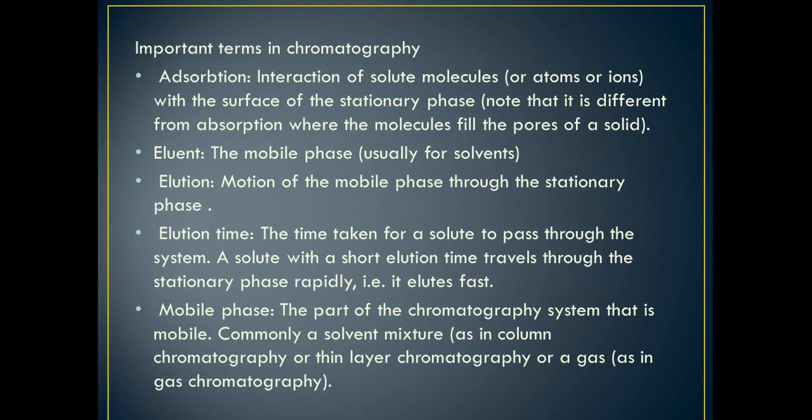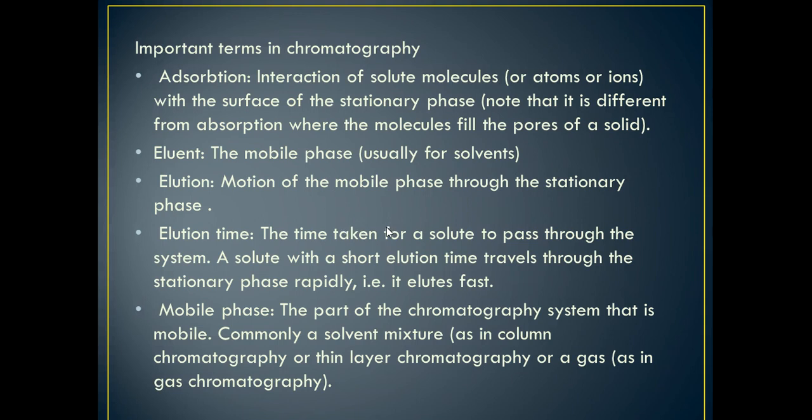Therefore, we form the mobile phase, and that solvent that we use and the mobile phase that we form is known as the eluent. Then elution. Elution is basically the motion of the mobile phase through the stationary phase. During chromatography, as the mobile phase moves through the chromatography column and interacts with the stationary phase, that process is known as elution.